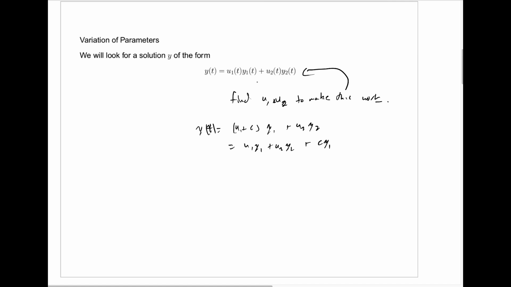If I had a particular solution to the equation before, then I'll still have a particular solution because this is the same as the other solution I had, and this is a solution to the homogeneous equation. And the same is true if I add a constant to u2. So since I'm looking for just a single particular solution, to which I will add the general solution to the homogeneous later, when I look for u1 and u2, I don't have to worry about adding a constant to either one of them.